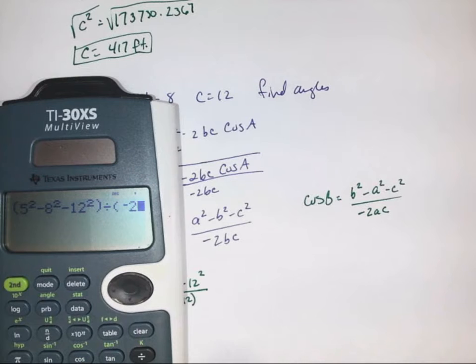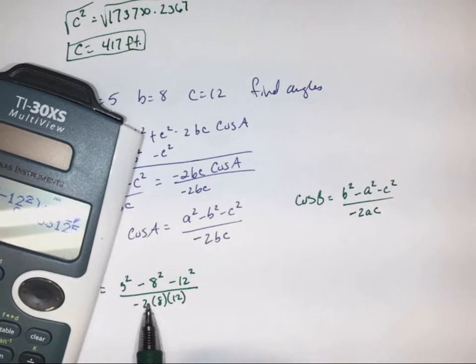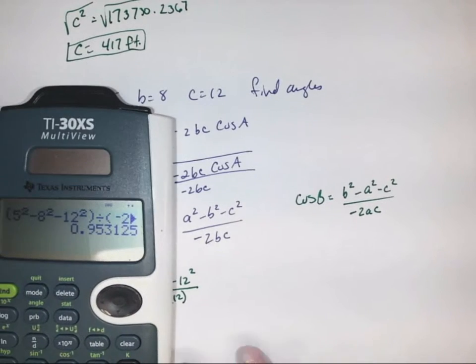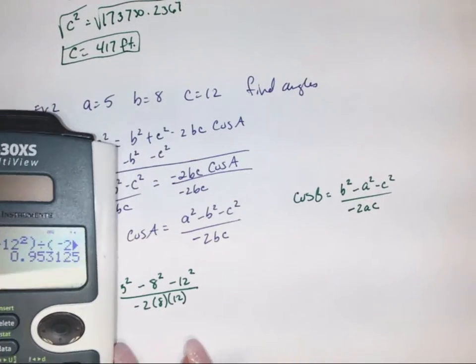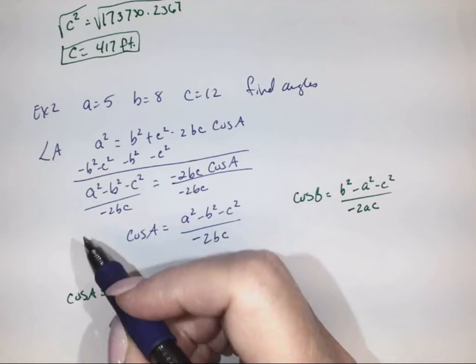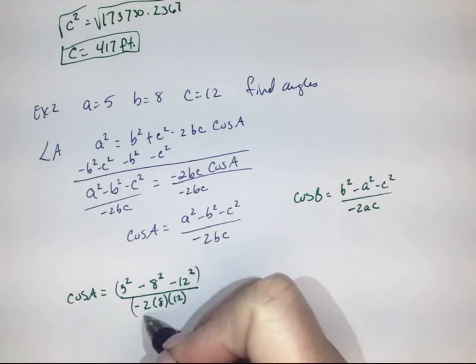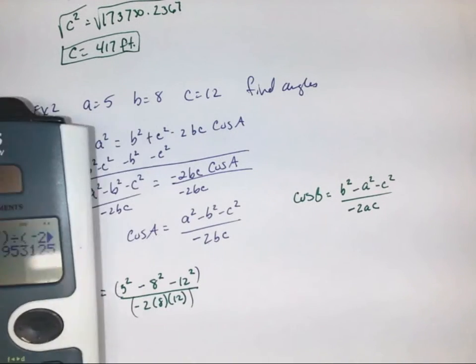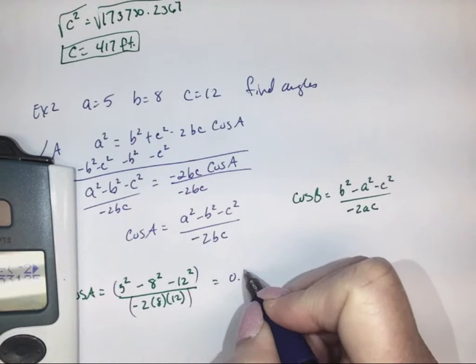So negative 2 times 8 times 12 in parentheses, because that way we're dividing by everything. Otherwise it would probably divide by the negative 2 and then multiply. So you want to put the bottom and the top in parentheses if you're not going to put it in a fraction format.